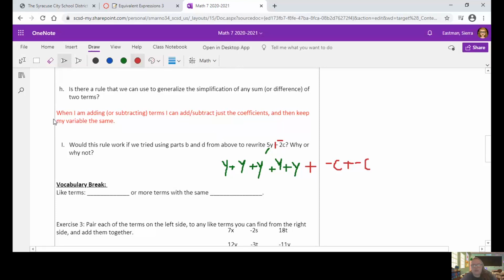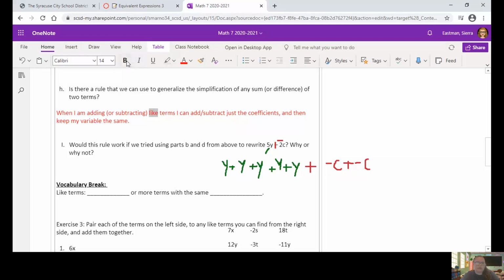Okay, in my rule, I just use the word terms in general, but we're actually going to add in the word like. Okay, we actually have to have like terms before we can use this rule. I'm going to show you what that means in just a second. Okay. Like terms are two or more. Okay, so you have to have at least two if you want to put them together.